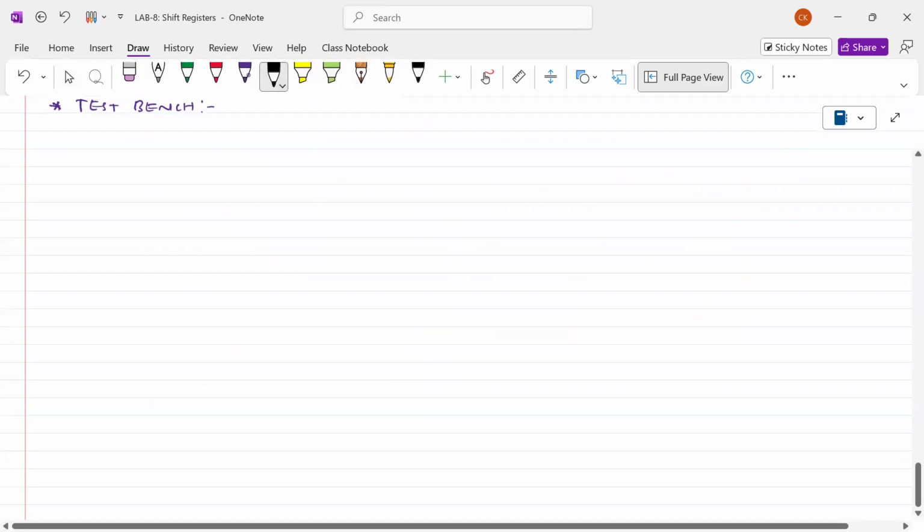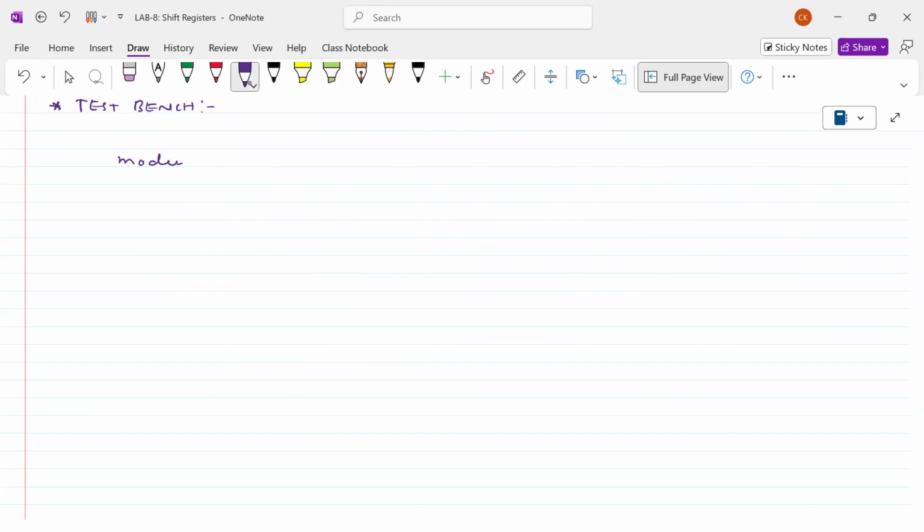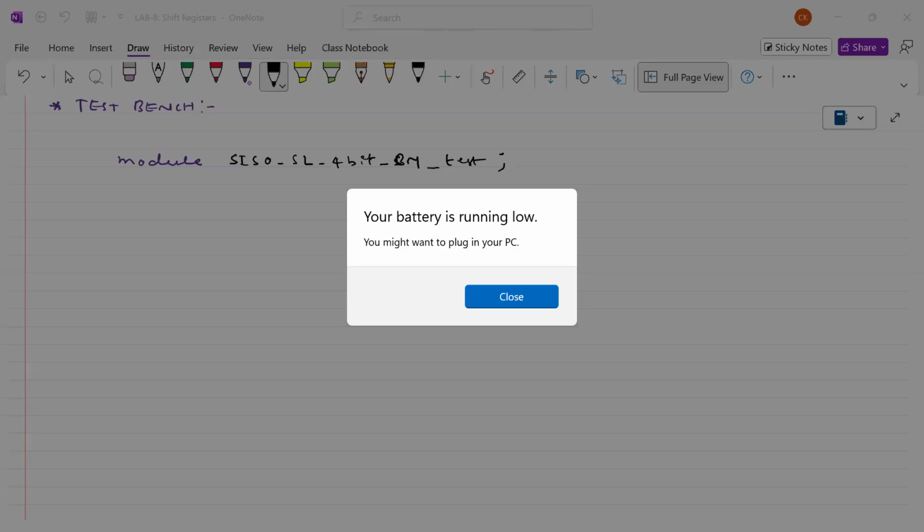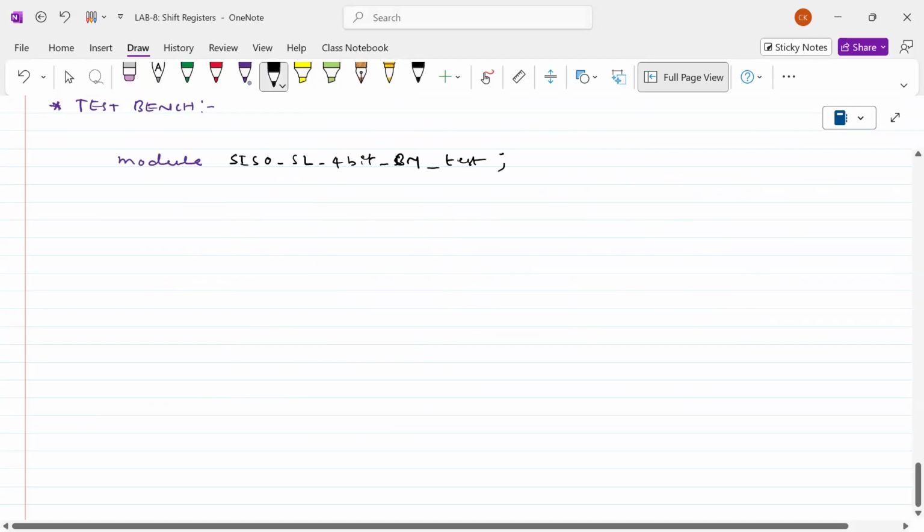Let's write a module: serial in, serial out, shift left operator, 4-bit behavioral model underscore test.